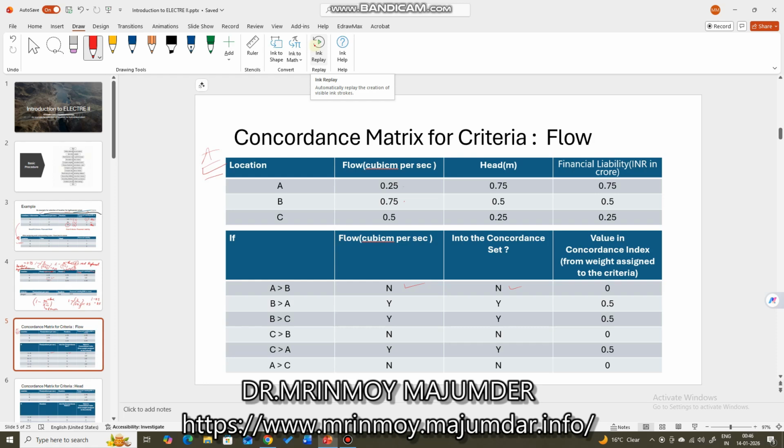Okay, so A is not greater than B, so no into the concordance set. Value in the concordance index, 0.